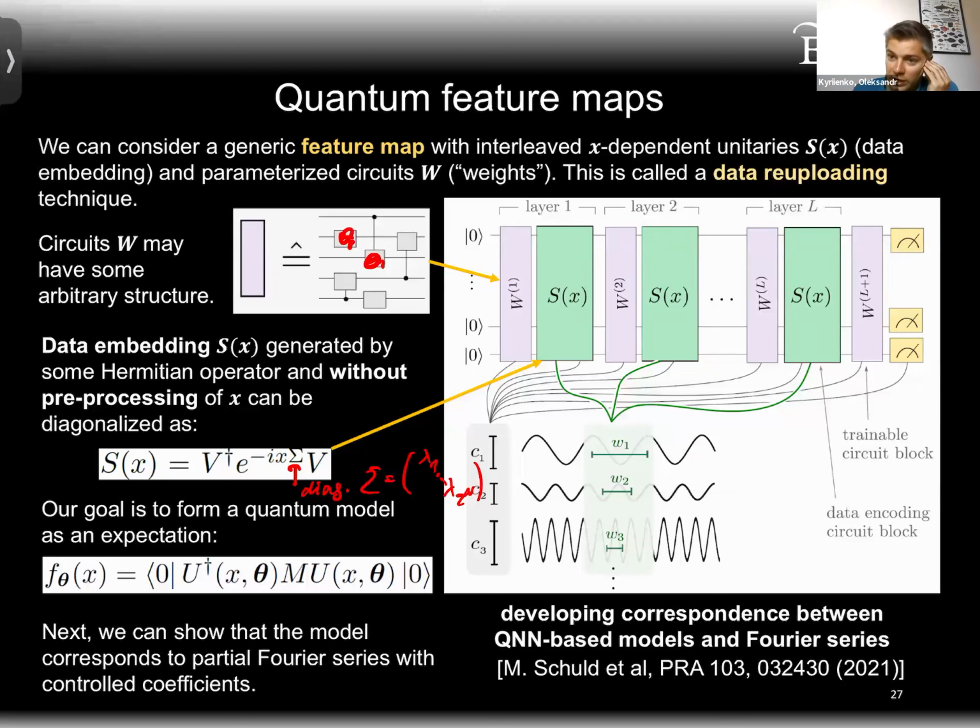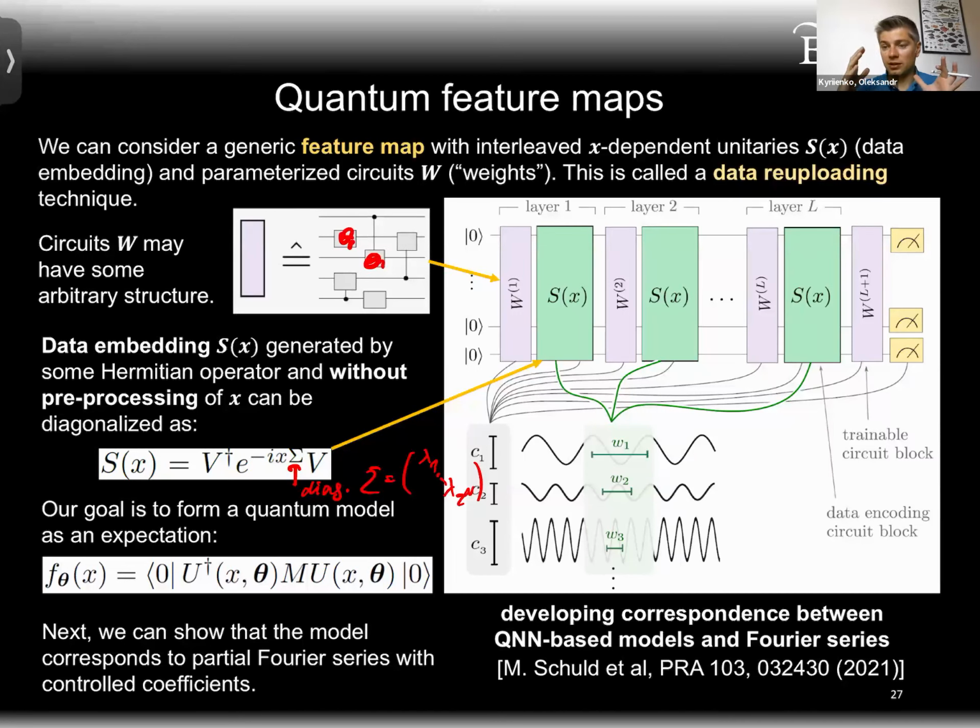What we will see is that this spectrum of my feature map essentially provides frequencies, because the exponent of minus ix and some diagonal matrix is just the bunch of exponents itself.